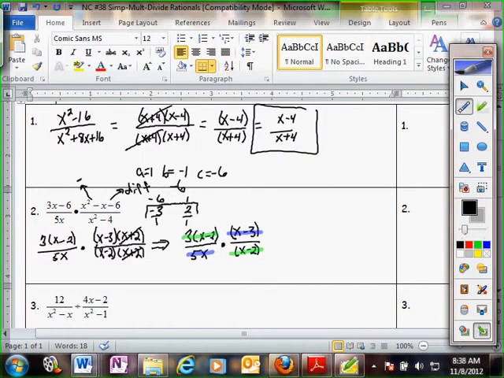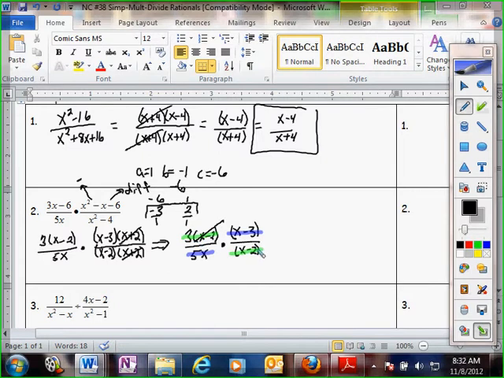Well, hopefully you can see that this x minus 2 and this x minus 2 cancel out. And when I'm multiplying fractions, I multiply top times top and bottom times bottom. So what I have left is 3 times x minus 3. The two tops multiply together. And the only thing that I'm left with on bottom is 5x.